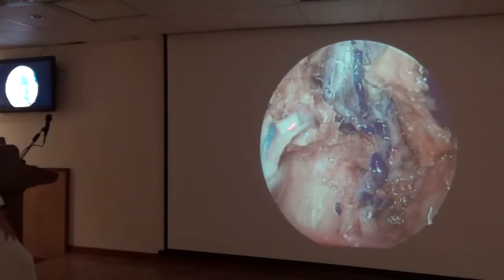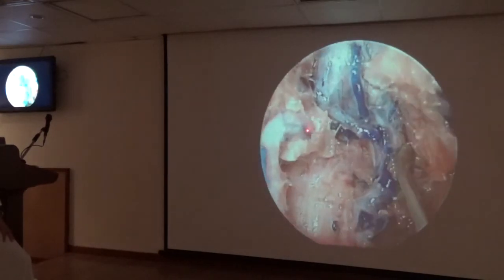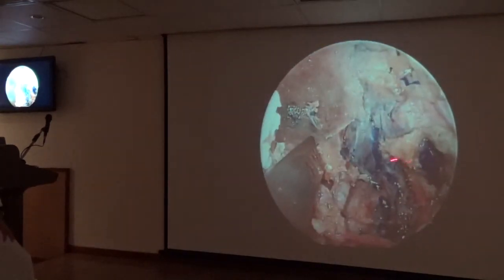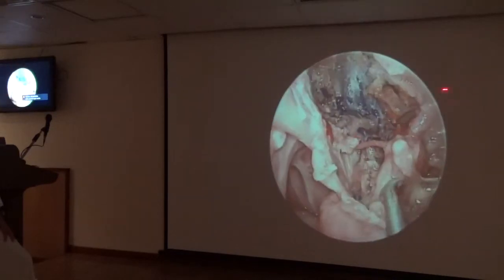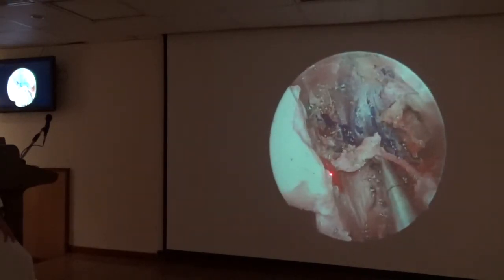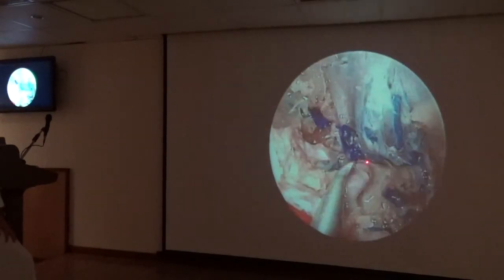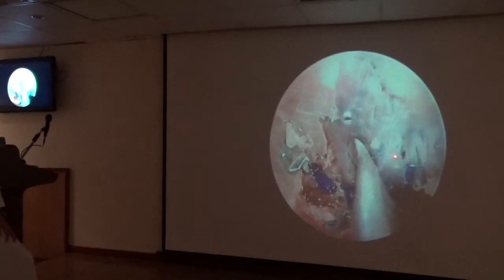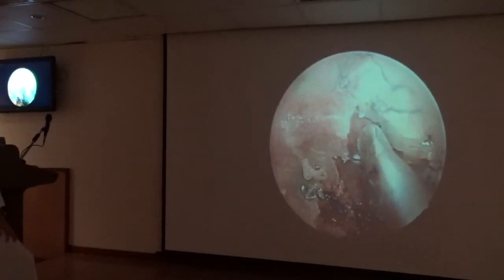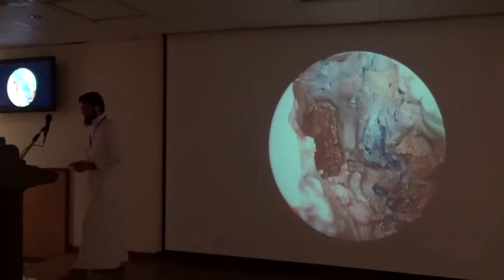This is the Vidian nerve going to the petrous portion of the carotid. This is V3 through the foramen ovale, and this is V2 superiorly. When we bring it back, this is the sphenopalatine artery. This is the Vidian nerve going to the carotid again. And here is V2 going to the middle fossa.